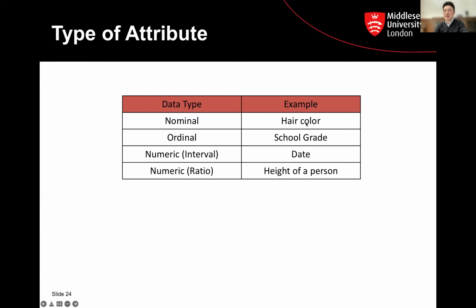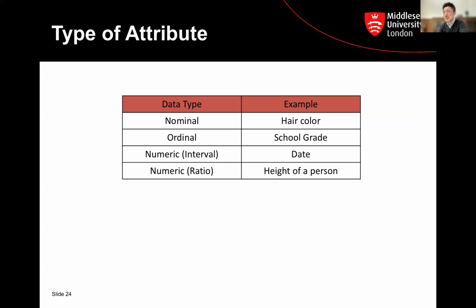And then there's ordinal data. With ordinal data, you have some order, but you can't really do computation. The example we had before is dress size, where you have small, medium, and large. You can say small is less than medium, which is again less than large, but you can't say small plus medium.